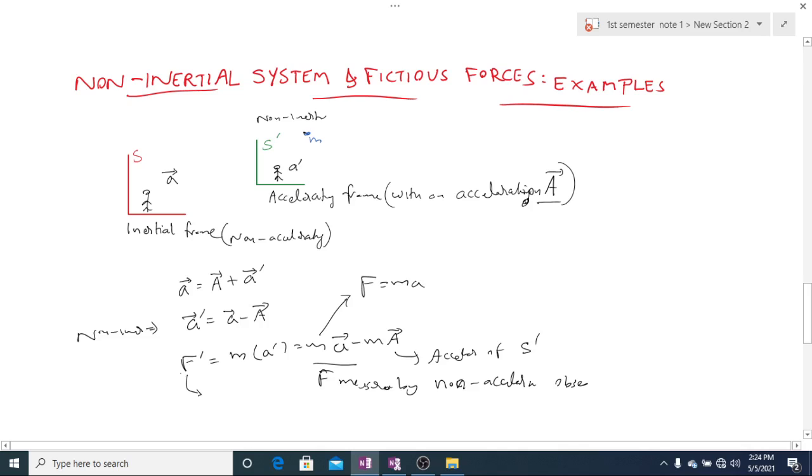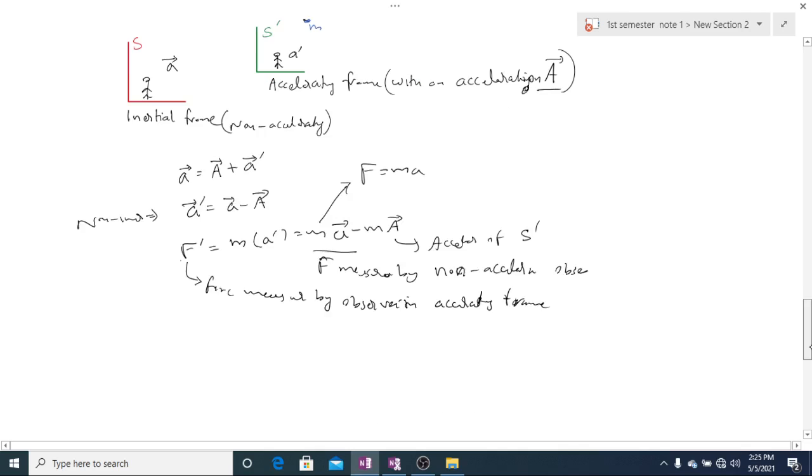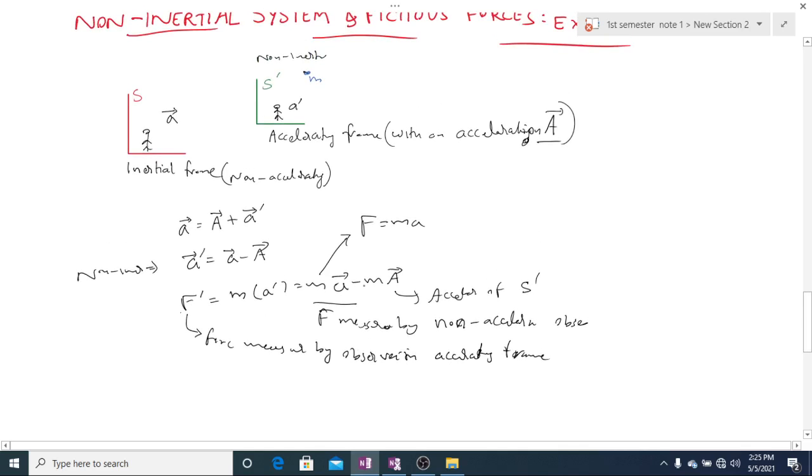This is the force measured by the observer in the accelerating frame. Okay, that is the significant point. There is an additional term that comes due to the acceleration of the frame itself.